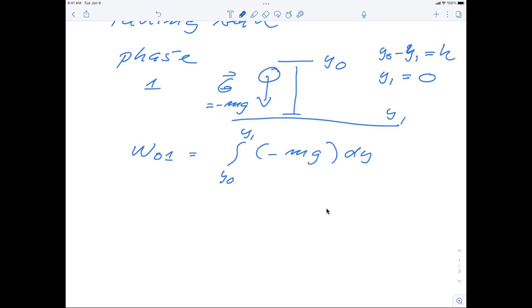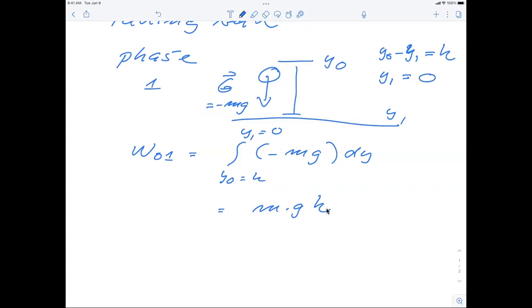In homework number 3, you made a much more complicated case where you had an object falling in a gravitational field plus air resistance and falling in 2 dimensions. So in this particular case, we know that we can calculate. And since we put y0 to h, and we put y1 to 0, when we calculate this one, this is simply mg times h.